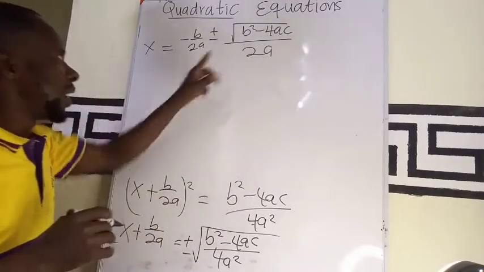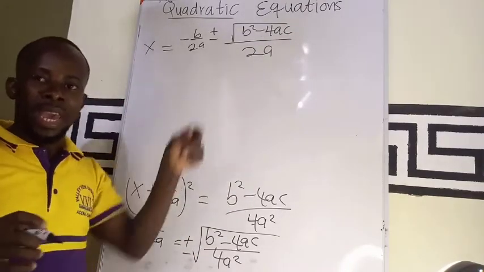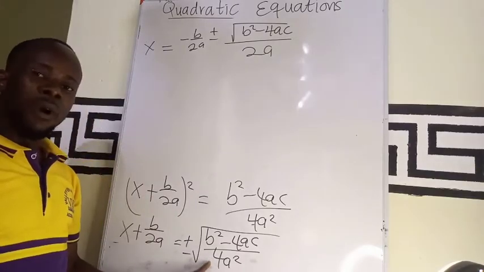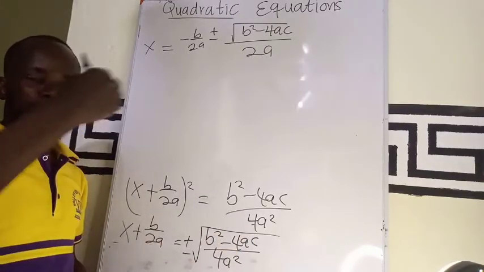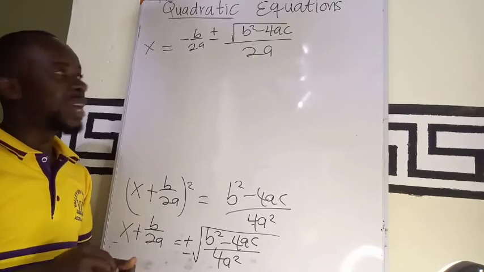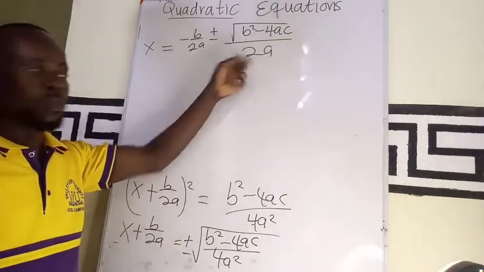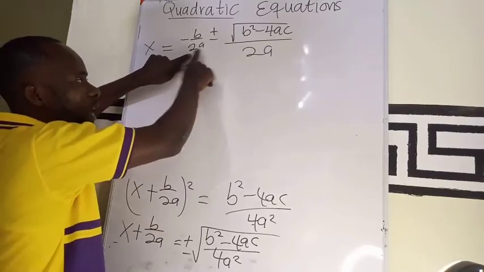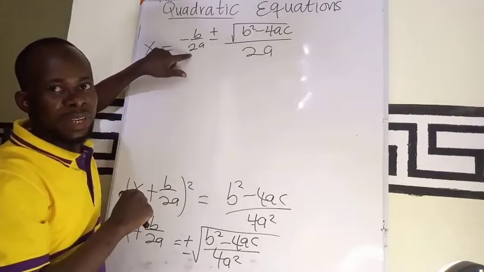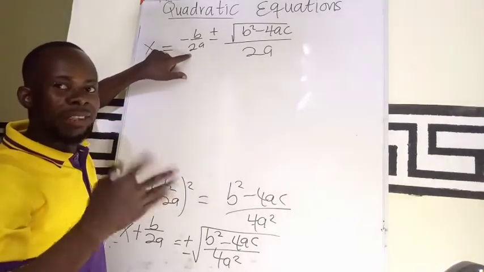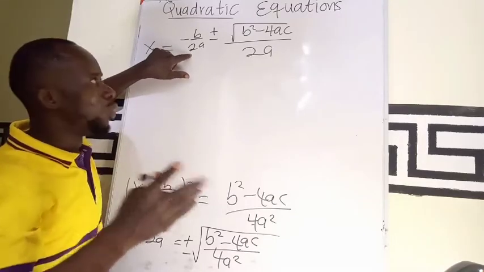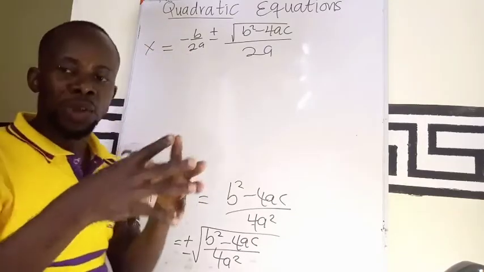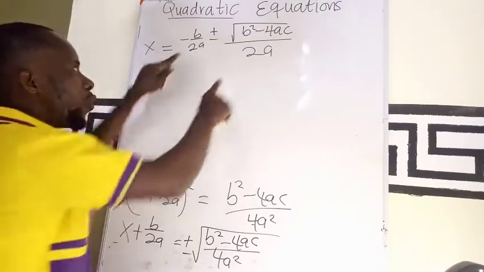Take note, the square root is no more affecting the 2a, because it was 4a squared, and when we find the square root of 4a squared, it gives us only 2a. So look at it. You can see 2a, 2a, and the fractions have the same denominator. So we only operate on the numerator and take one of the denominators.